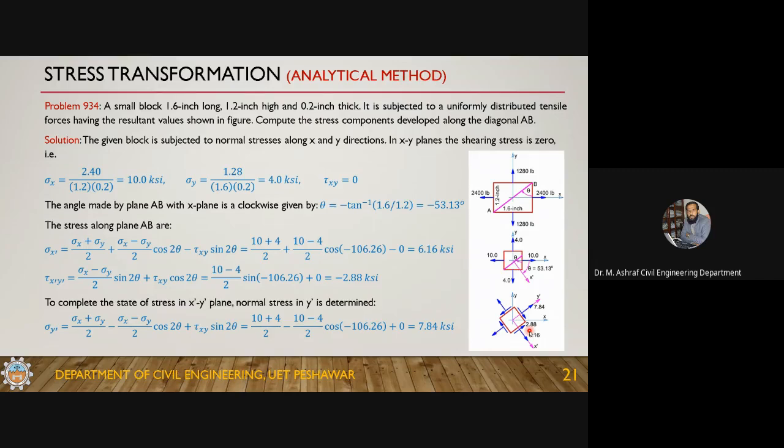But to know the sense of the stress, the direction of the stress, this is important. If you do a number of exercise problems, you will be able to clear your concept on the sign convention and the sign of various stress components. Any question?